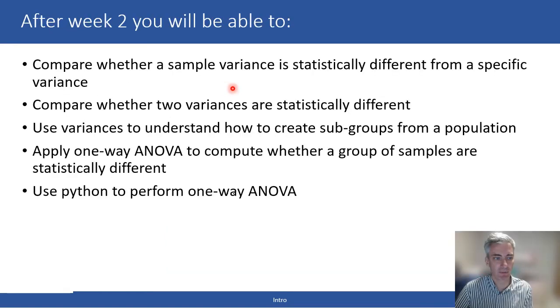You'll be able to compare whether a sample drawn from a population has a variance that is statistically different from a specific value, such as the population variance. You'll also be able to compare two samples in terms of their variances to see if they're statistically different.